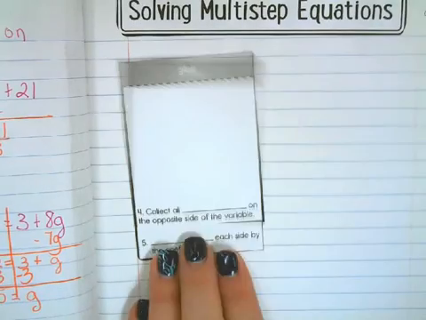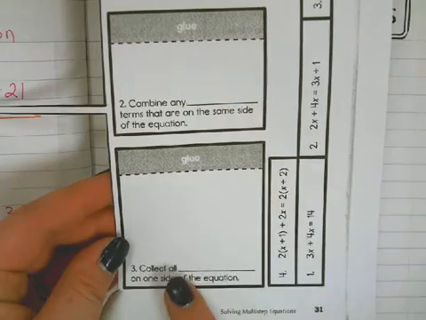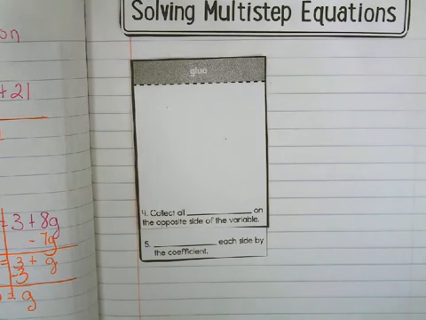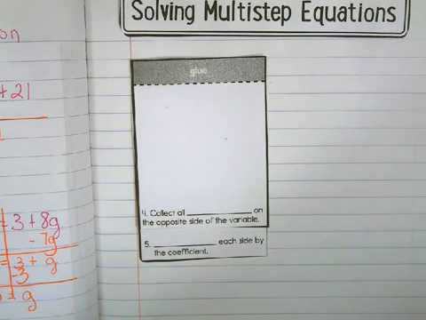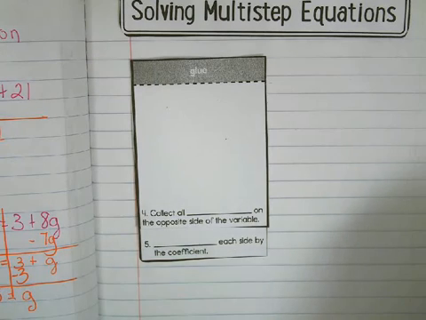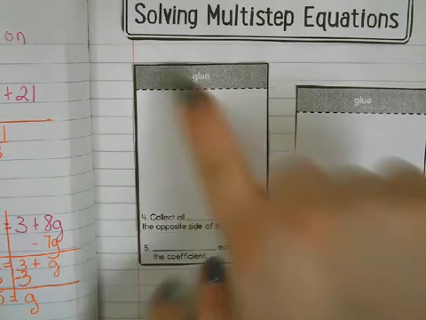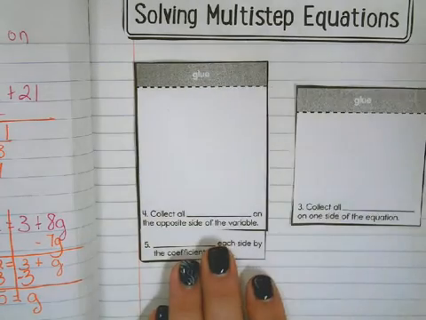Now you are cutting out 3. Collect all blank on one side of the equation. So same thing with 3, and now 4, 5, you're gluing at the top of 4 and placing 3 on top of 4.